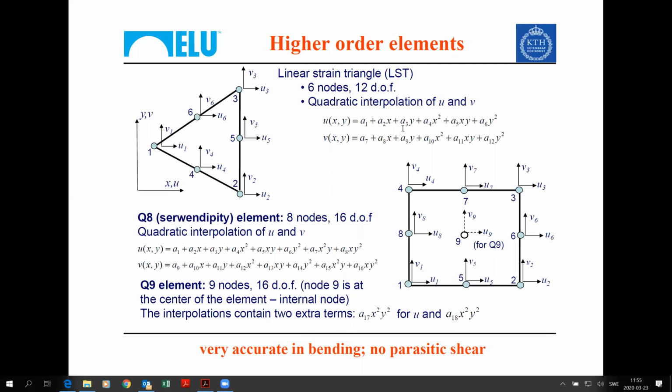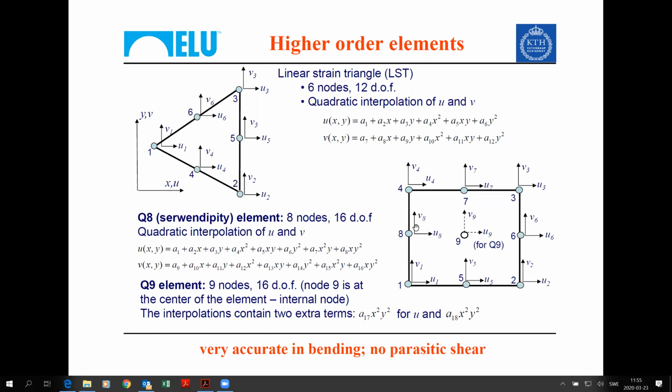We will be able to write a complete second order polynomial in x and y, simply because we will have enough equations to determine these 6 constants. 6 nodes means 6 condition equations, that is 6 constants here, a complete polynomial of order 2 in u and of course in v.